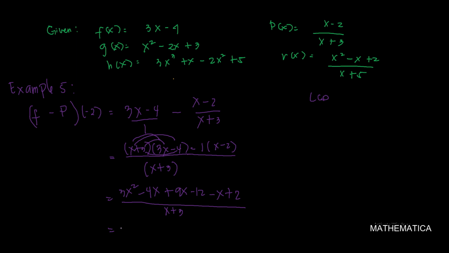So, next, we have to combine like terms. So, we have 3x squared, then negative 4x plus 9x, we have 5x. 5x plus negative x, we will have positive 4x. So, meron tayong dalawang constant. So, negative 12 plus 2, we have negative 10 over x plus 3.